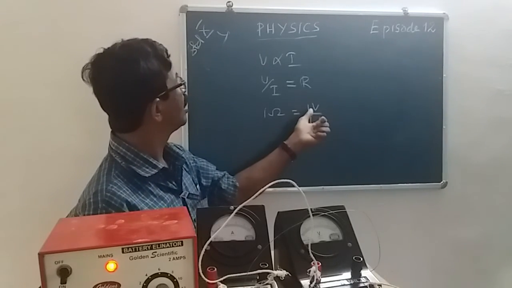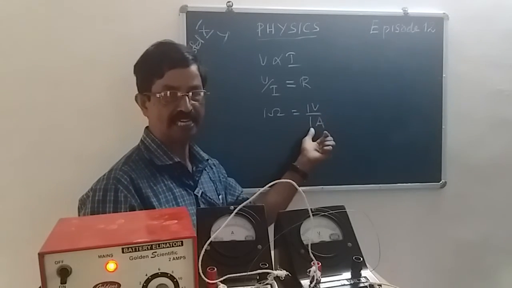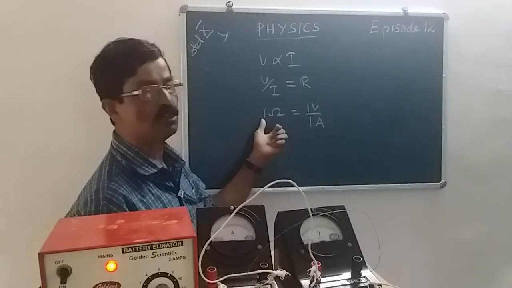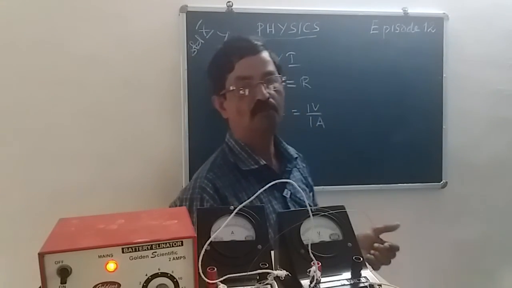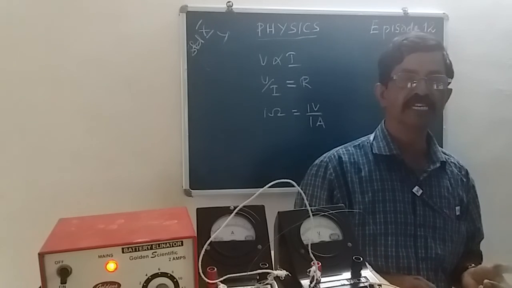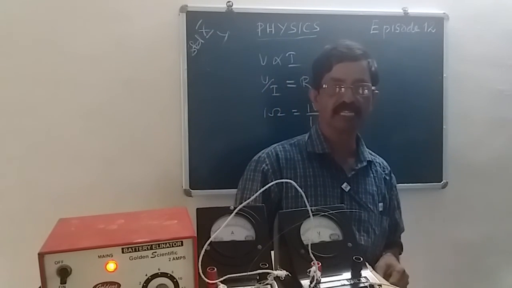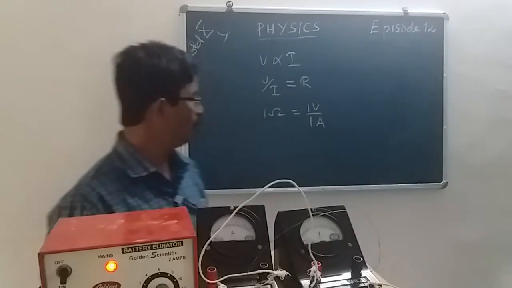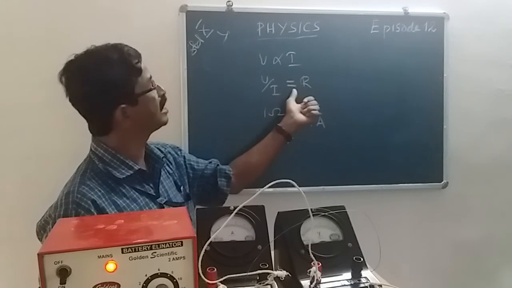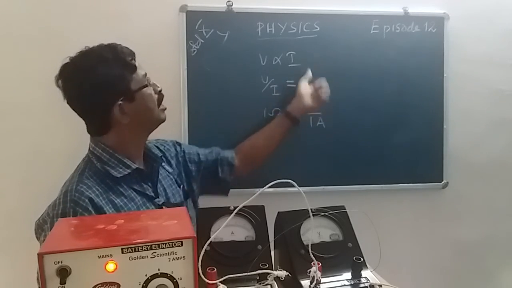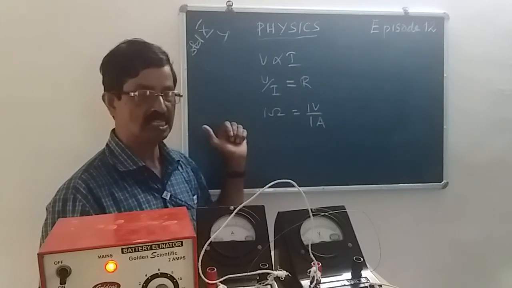That means under a potential difference of 1 volt, if 1 ampere current flows through a conductor, then its resistance is 1 ohm. Then we also discussed ohmic resistance. The resistors which obey Ohm's law are called ohmic resistors, and some others do not obey V by I equal to R as a constant, and those we cannot consider as ohmic resistors.